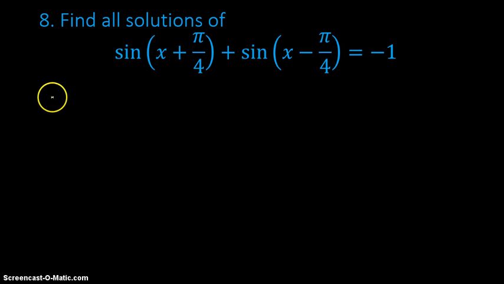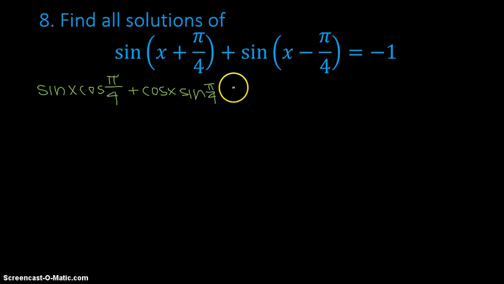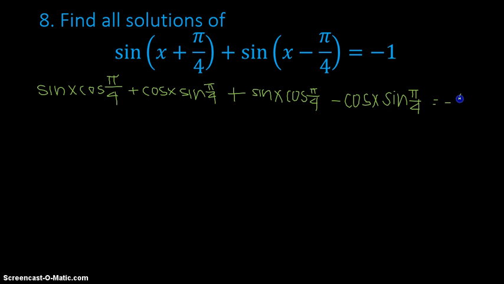So this first part I'll rewrite as sine x cosine of pi over 4 plus cosine x sine pi over 4, and then plus, over here is going to be sine x cosine pi over 4 minus cosine x sine pi over 4.